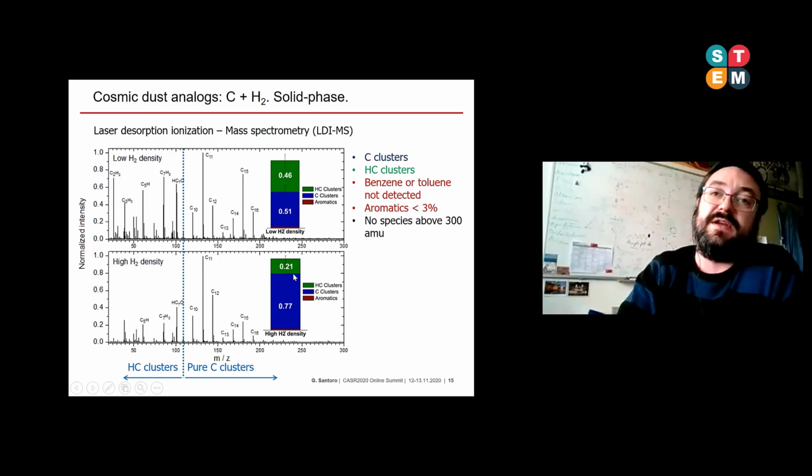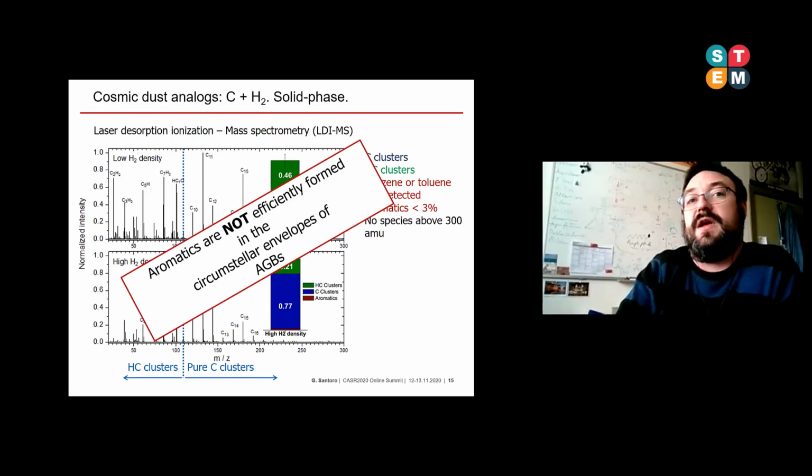inside these dust analogs. And this has led us to conclude that aromatics cannot be efficiently formed in the circumstellar envelopes of AGB stars. In fact, not benzene nor a single aromatic molecule has been detected in circumstellar envelopes.